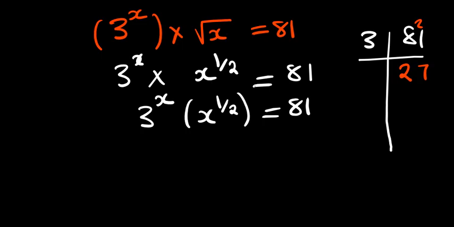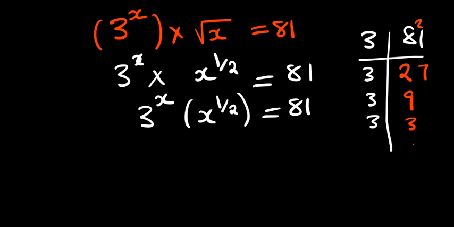We drop the 3. 3 into 27, that is a 9. We drop the 3. 3 into 9, that is a 3. Again we drop the 3. 3 into 3, that is a 1.